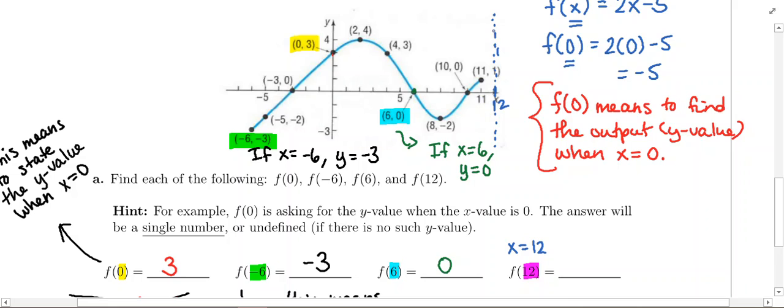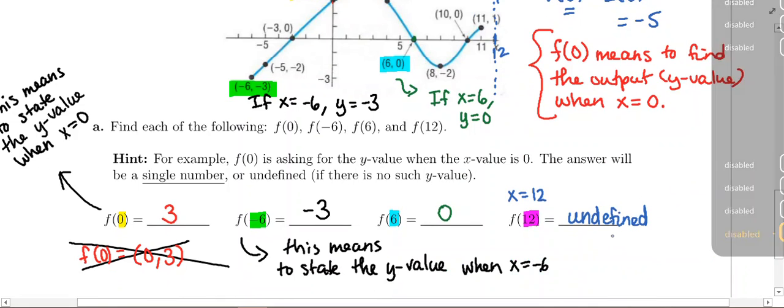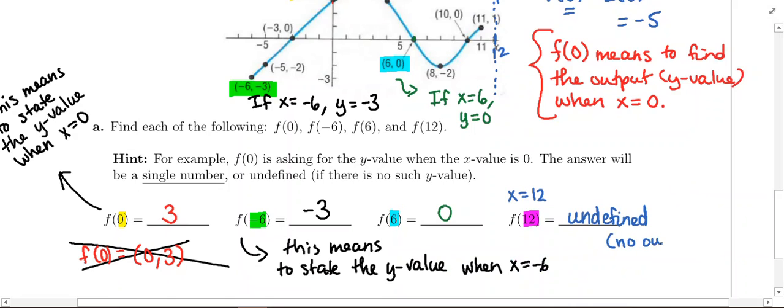If you look above and below, along this vertical blue line that I've drawn through x equals 12, it never intersects your graph. There's no graph there, so there's no output. If x equals 12, there's no output, so we're just going to write undefined. That just means there's no output when x equals 12.